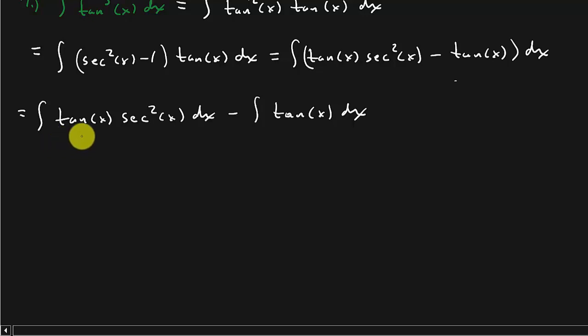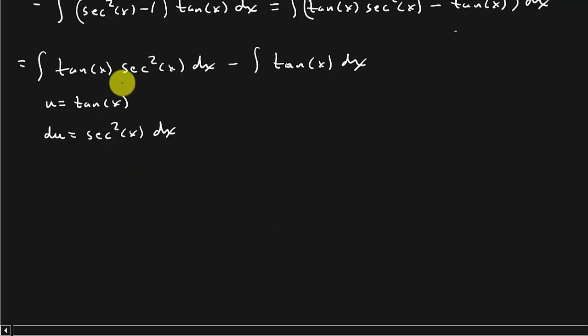All right, so for this first integral here, I'm going to let u equal tangent x, and so du is secant squared x dx. So see, I can make u substitution here. So that's going to be what? U du.